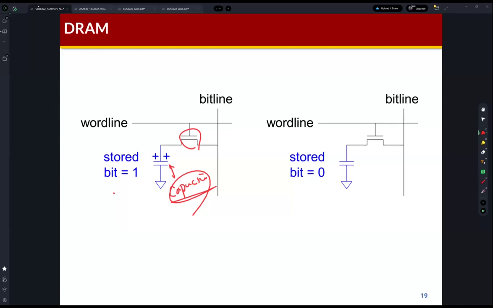And also, in order to implement this capacitor, we need to use a somewhat different semiconductor technology, a different semiconductor process. Okay? So that's why DRAM is outside of the CPU, right? DRAM is called the external memory because it's outside of the CPU.